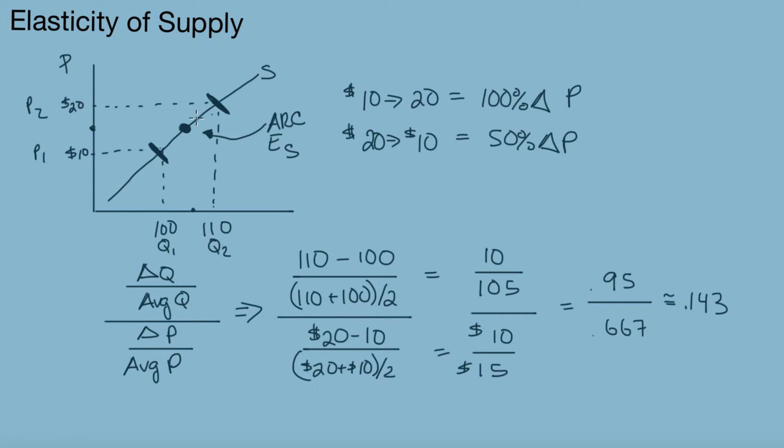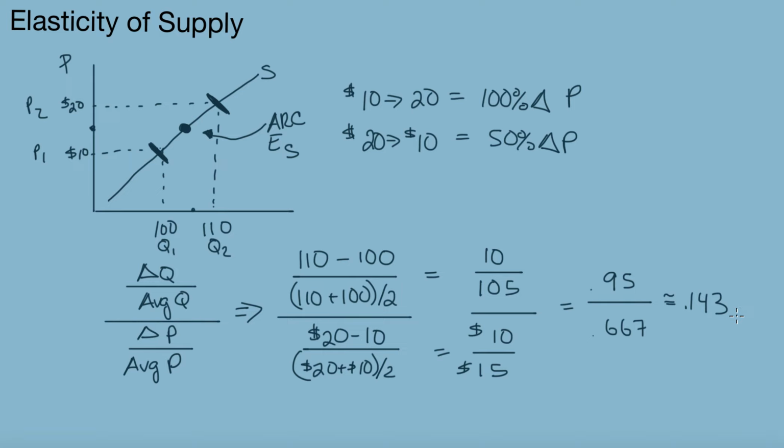If we were to look at going up the scale and going down the scale, we would end up with the same number, 0.143. So what does that mean? Well, that means for every 1% increase in price, quantity supplied will increase by almost 1.5%.